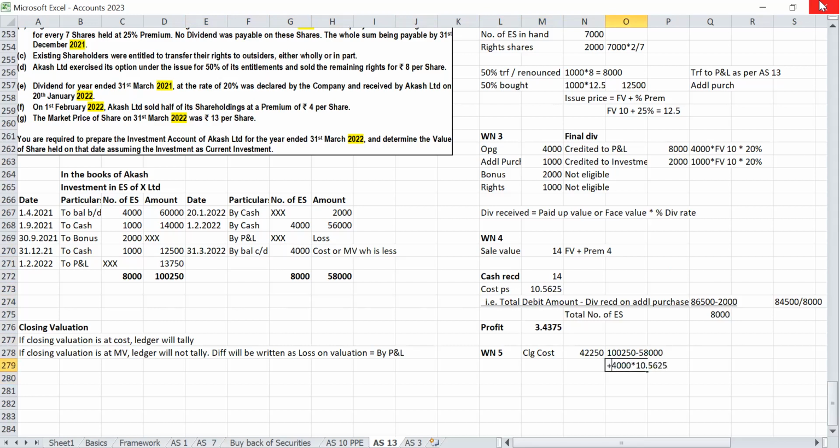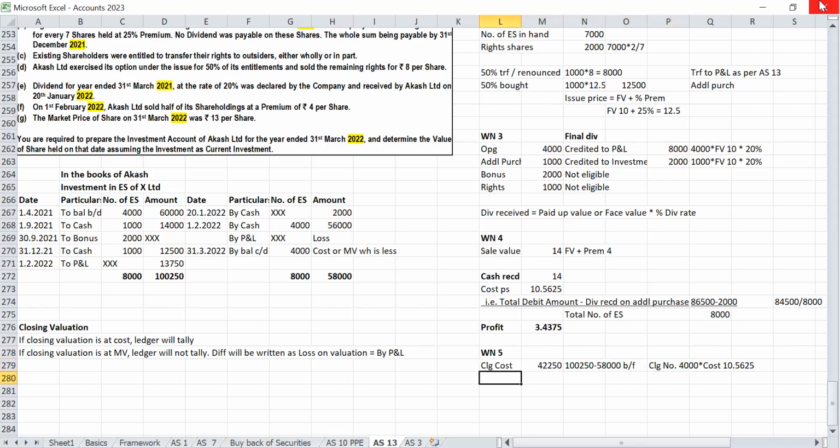So you can compute cost in two ways, either the balancing figure or the number of equity shares into cost, closing number into cost per share as per working note number 4. Anyway, 42,500 will come as closing cost.